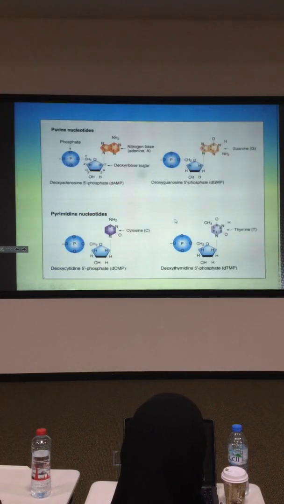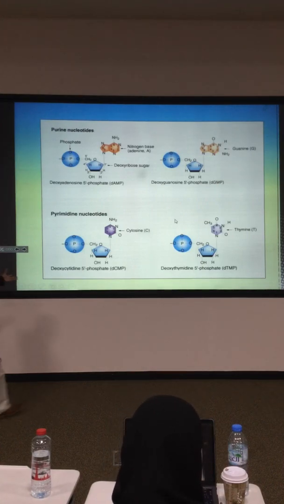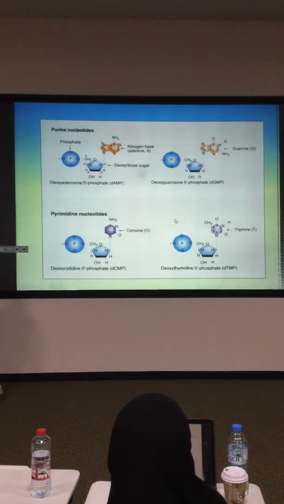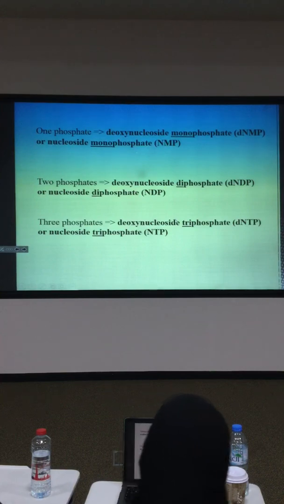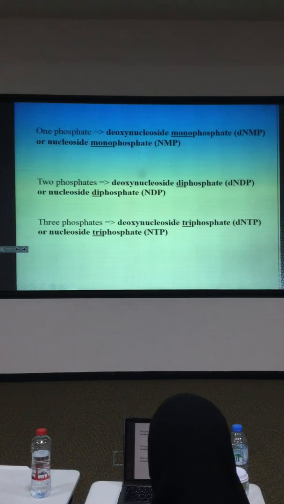Now, here are many examples of nucleotides. Purine nucleotides can be adenine or guanine, and pyrimidines can be cytosine or thymine, and in the case of RNA, uracil. If there is one phosphate group, we write deoxynucleoside monophosphate, or simply nucleoside monophosphate.